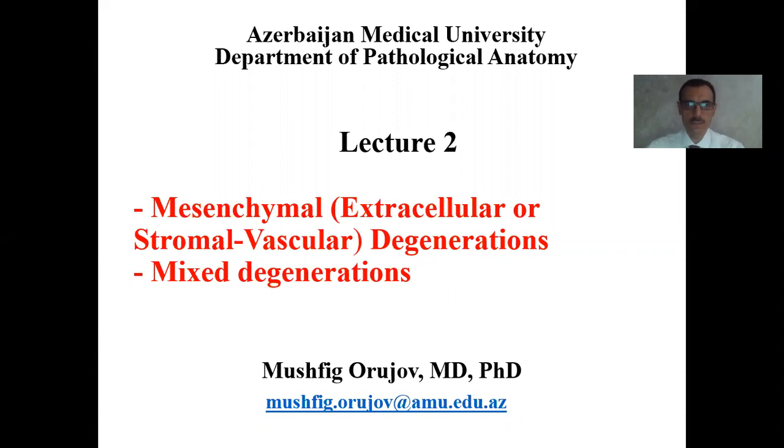Today, our second lecture. The topic of today's lecture is mesenchymal degenerations, or in other words, extracellular or stromal-vascular degenerations. And the second part of our lecture will discuss the mixed degenerations.